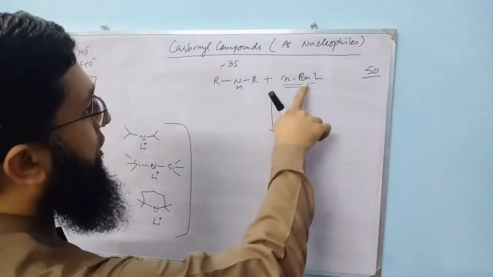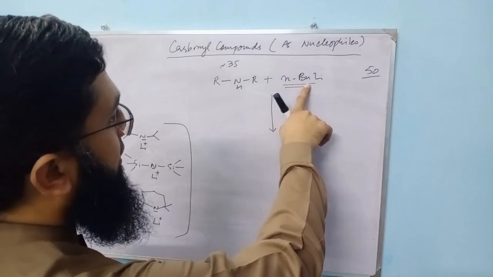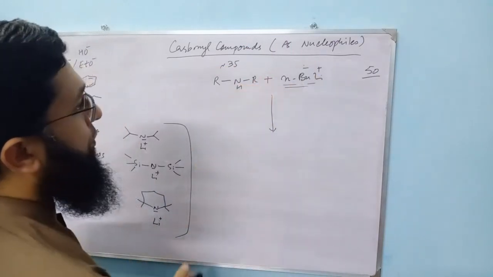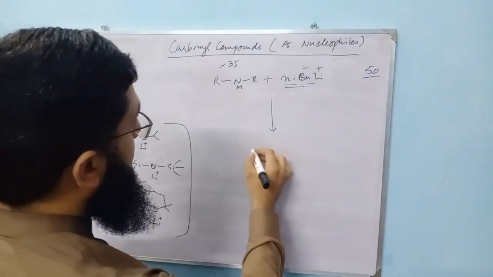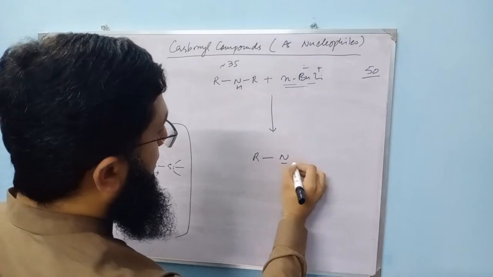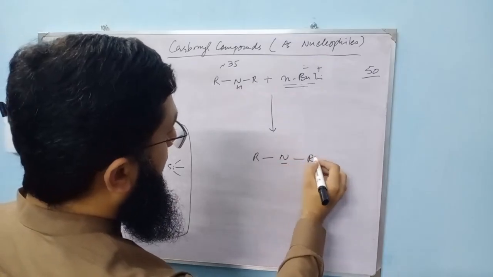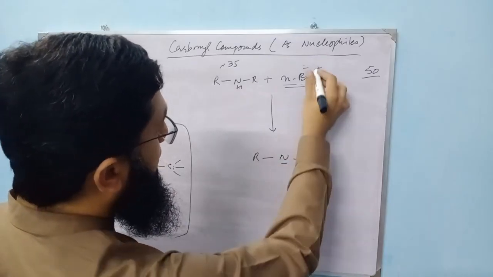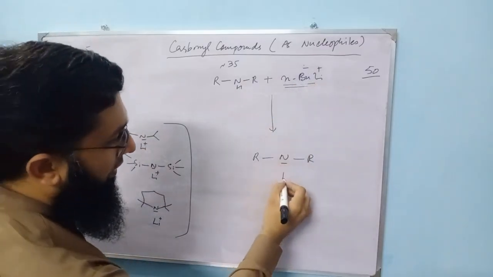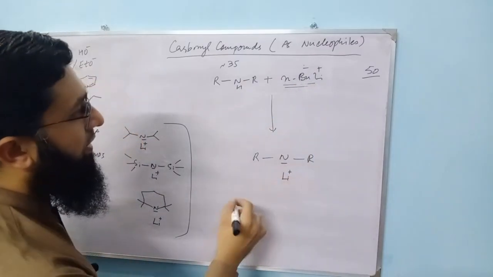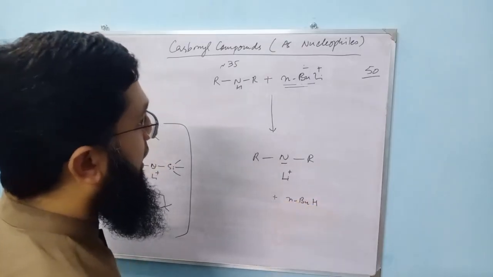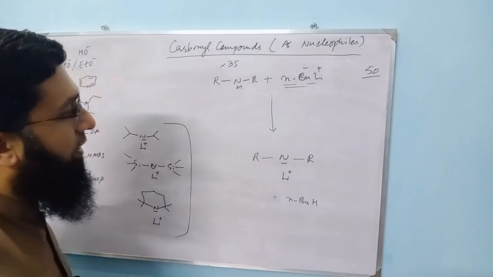So N-butyl lithium has an N-butyl group which has negative charge, and it can abstract this proton. As a result, this proton is abstracted, R2N negative, and lithium, due to electrostatic force of attraction, would surround this negative charge. We get this, and N-butane is also formed, converted to corresponding alkane.